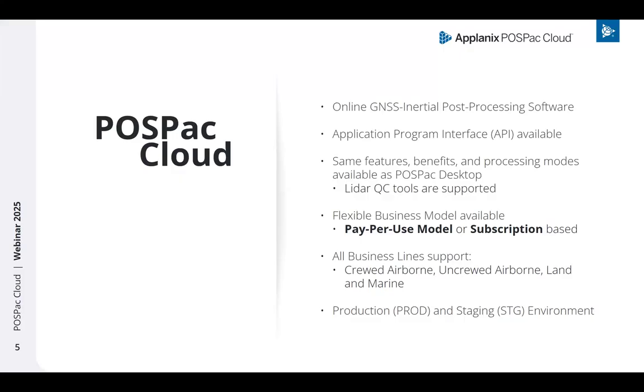POSPac Cloud delivers the same features, benefits, and processing modes you already know from our POSPac Desktop software, ensuring consistency in results and performance. This includes full support for LiDAR QC tools, enabling quality control in data-rich workflows.